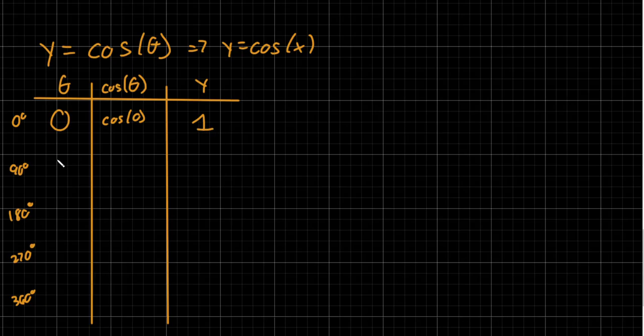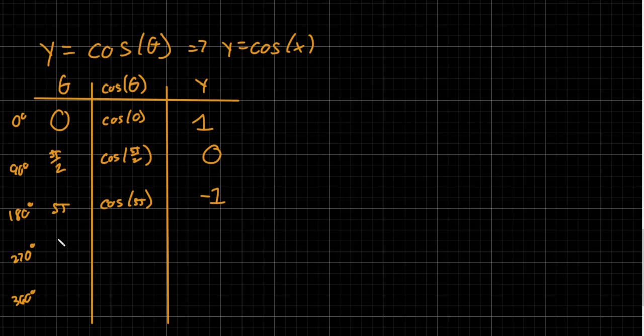At 90 degrees, what theta am I at, in radians? Pi halves. So what is cosine of pi halves? 0. Yep. Okay, next one. 180 is what in radians? Pi, yep. So what's cosine of pi? -1. Cool.